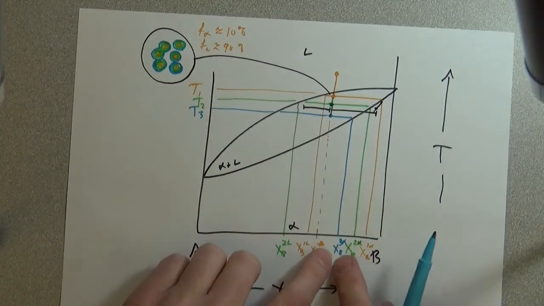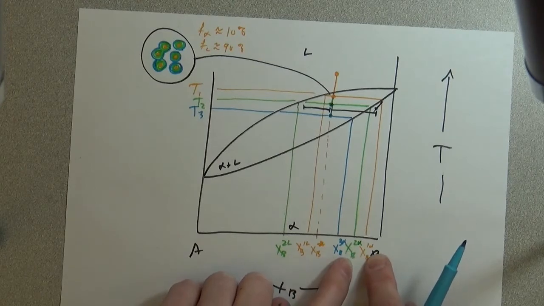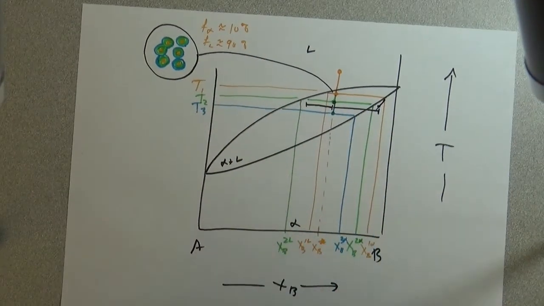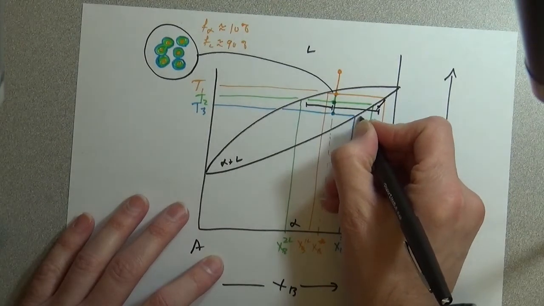And again, this is poorer, or has less B in it than the original, but the interior of the crystal has too much to be in equilibrium. But because we don't allow for diffusion, that means that our effective solid has a composition which is going to be out here.